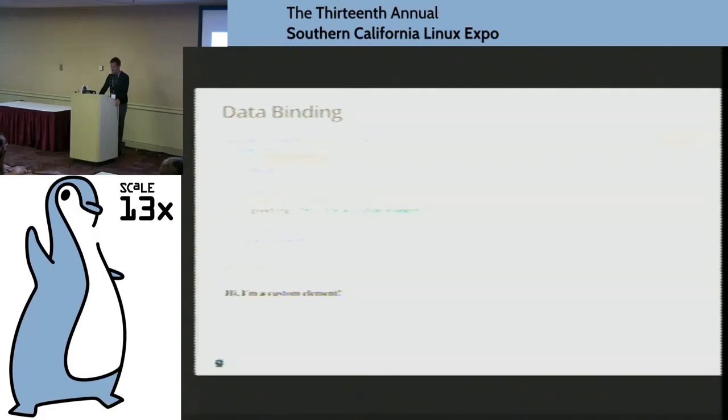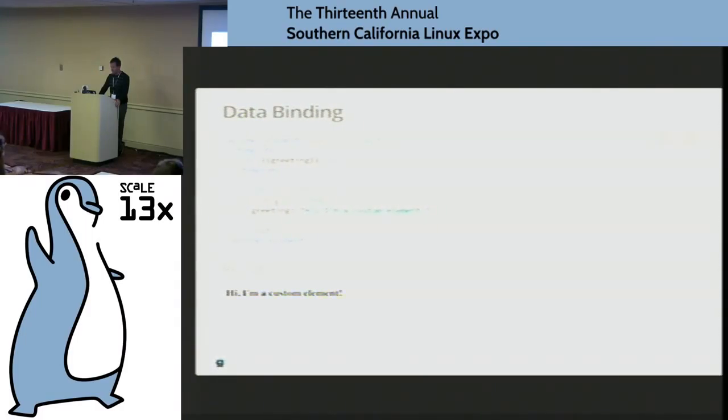Instead of having a fixed text here, I can use the double mustache syntax and put a variable name here. Now I have to use actual logic, because I have to define a prototype of my element and define that property so it can be shown. And so the way that works is now I have to put some JavaScript in here.